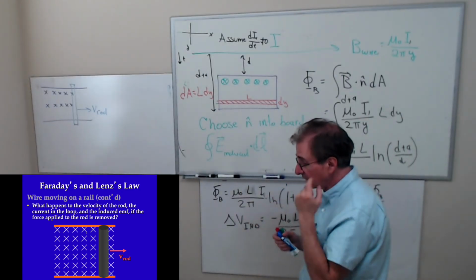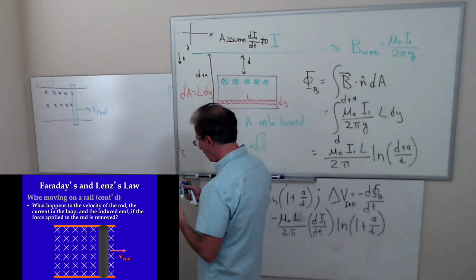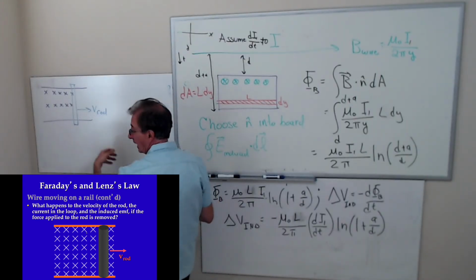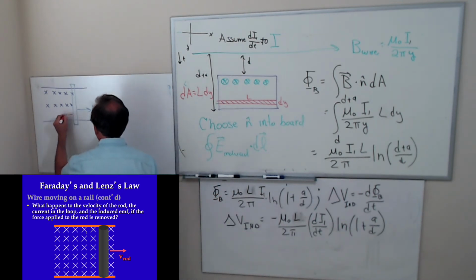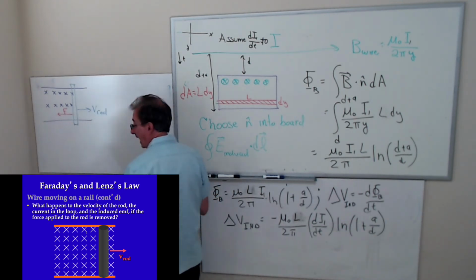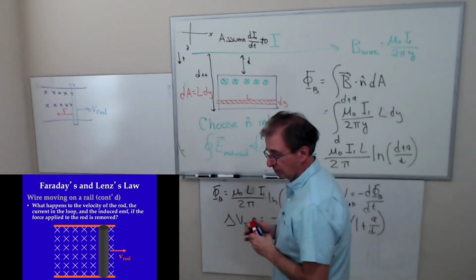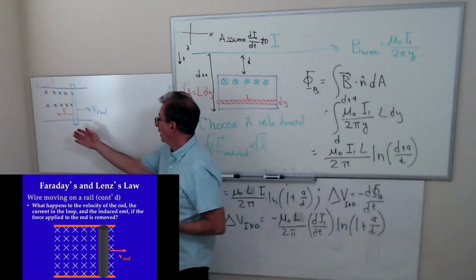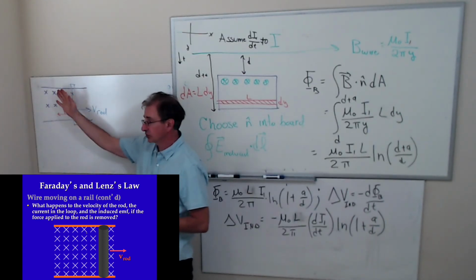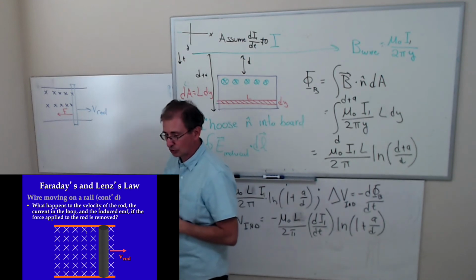And in the example we did in class, we know that when we give that a push, there's going to be a force on it to the right. There has to be, because when this thing moves to the right, a current is going to be induced in my loop.